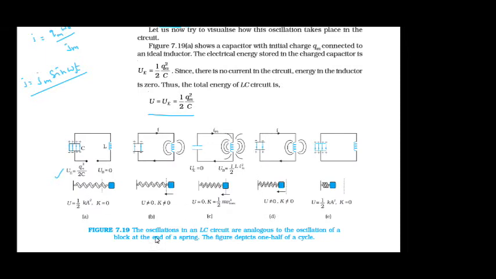Now, the oscillations of the LC circuit are analogous to the oscillations of a block at the end of a spring, and the figure depicts one half of a cycle.